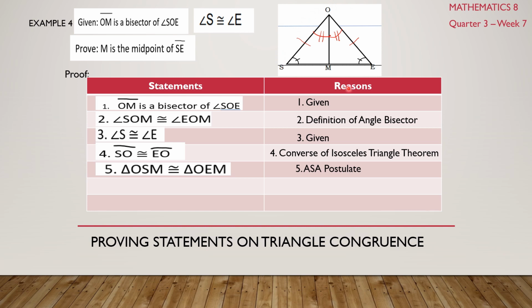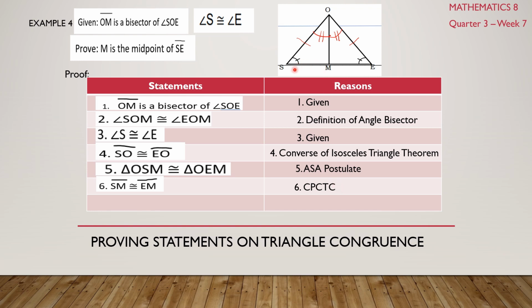Since napatunayan na natin na these two triangles are congruent, yung remaining parts ng two congruent triangles na to ay congruent din. So, meaning, side SM is congruent to side EM by CPCTC, congruent parts of congruent triangles are congruent.